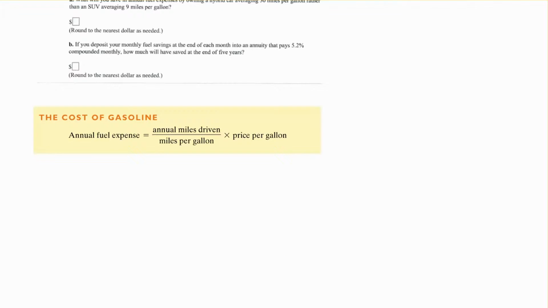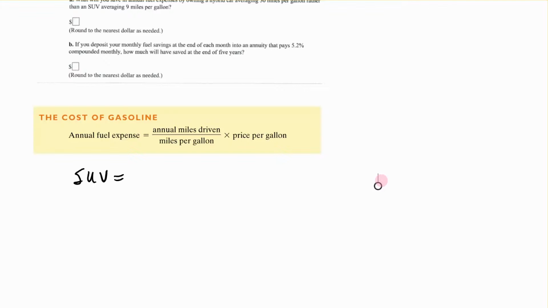Okay, let's look at the SUV. The annual fuel expense, it's annual, is the annual miles driven divided by the miles per gallon times the price per gallon. And you get to use this formula.